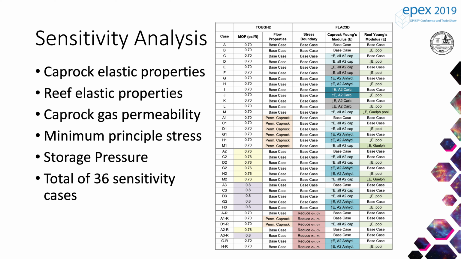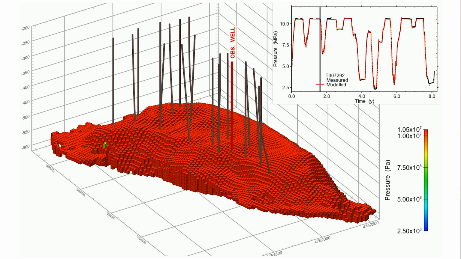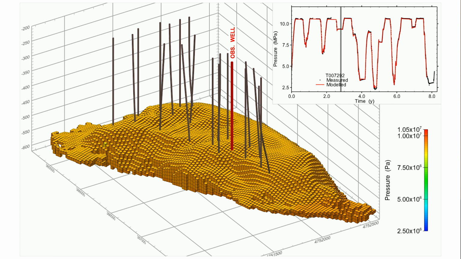It's a little video showing gas moving around in the pool as we cycle pressures. So there we go. The inset plot up in the corner shows the measured and modeled pressure history, so there's a nice match there.